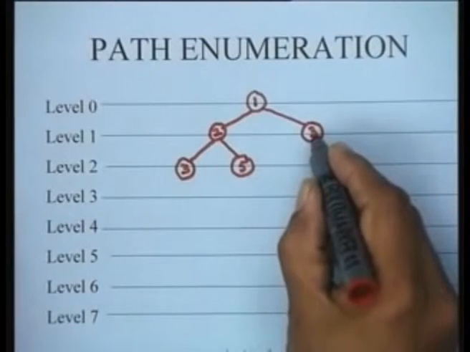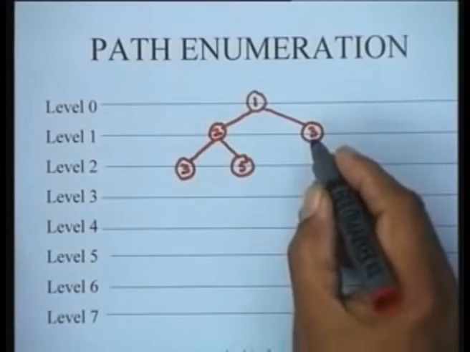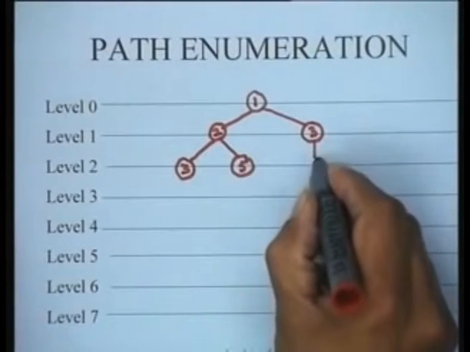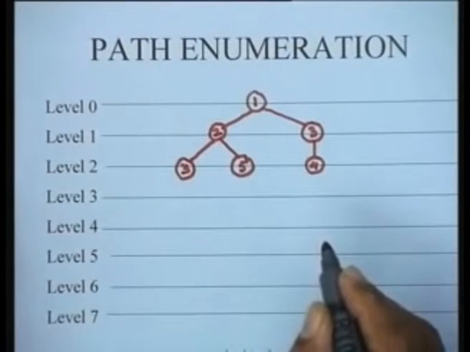If I look at node number 3, from node 3 I can go only to node number 4. This is the only possibility.